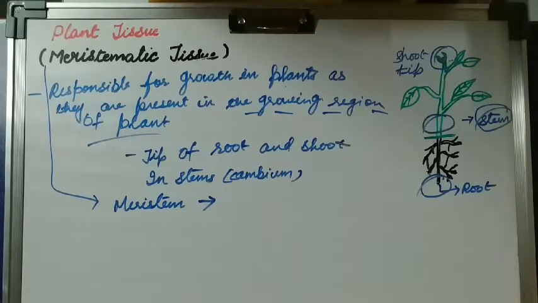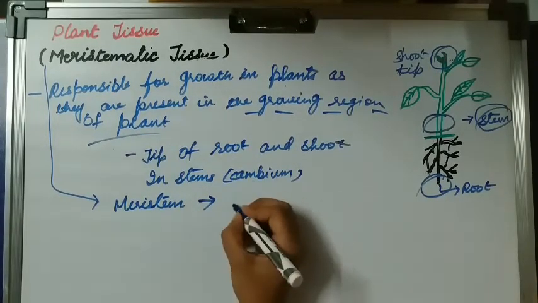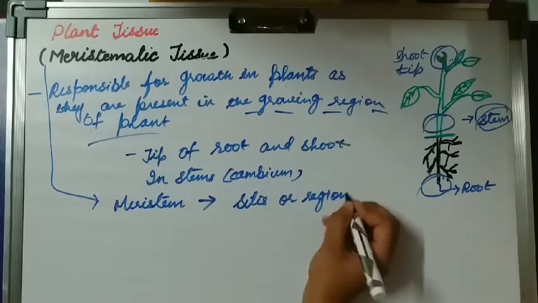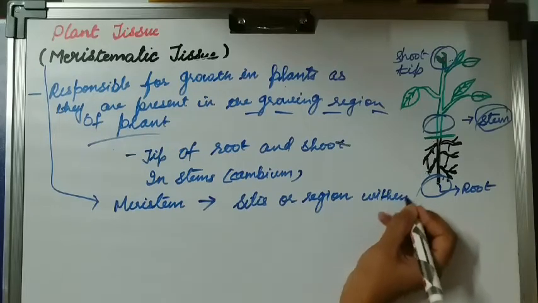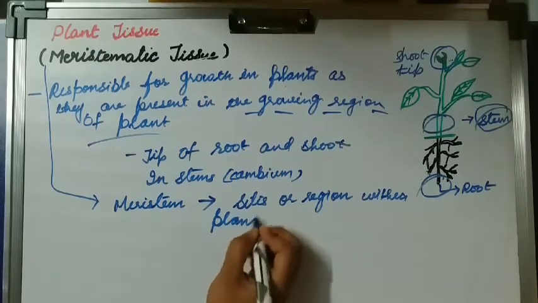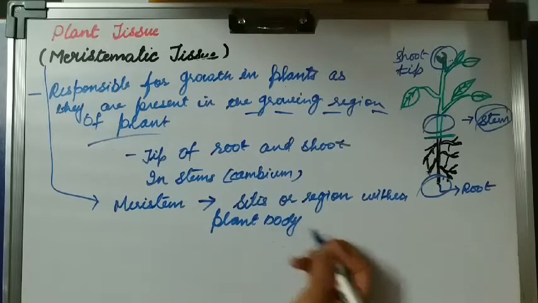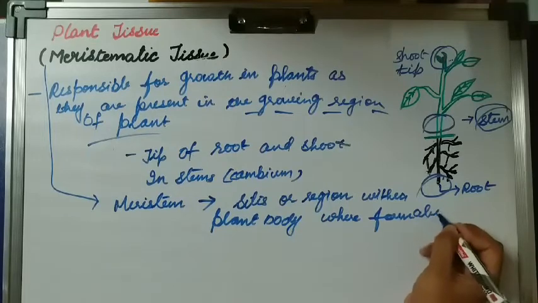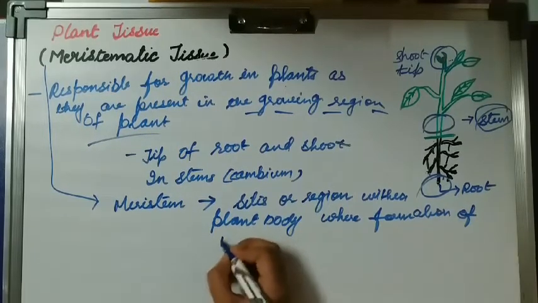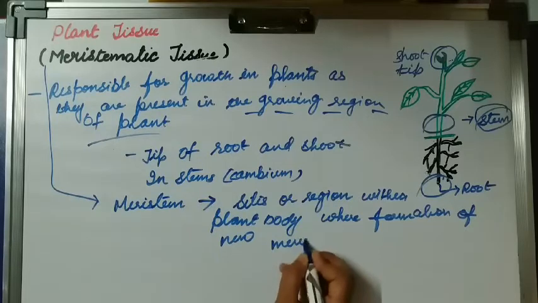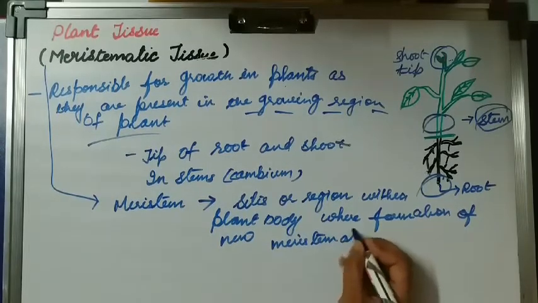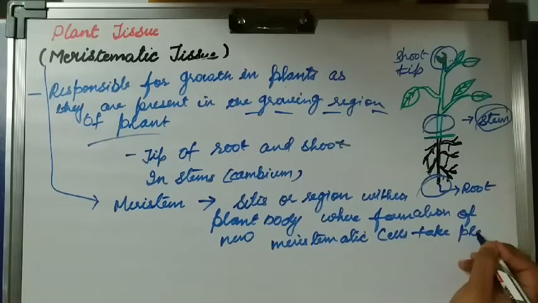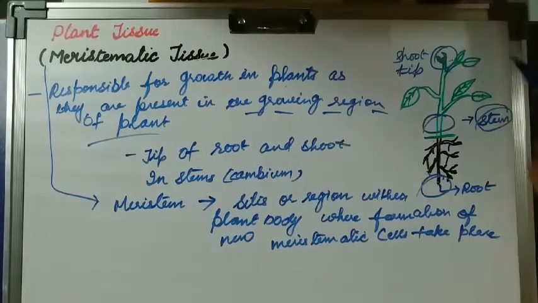Meristems are the sites or the region within the plant body where formation of new meristematic cells takes place. I had already told you it is present at the tip of the root and shoot.